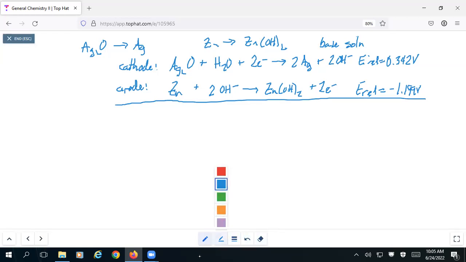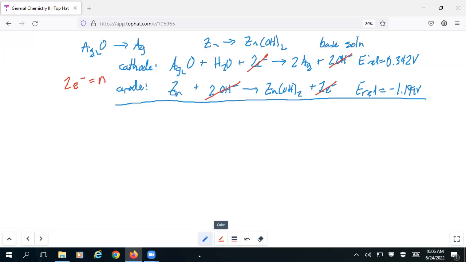And what we should have recognized upon adding them together is that the hydroxides canceled and our electrons canceled. Now, this piece here is important because it's telling us what our value of N is going to be.